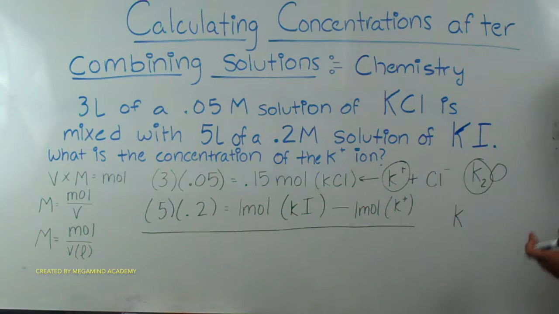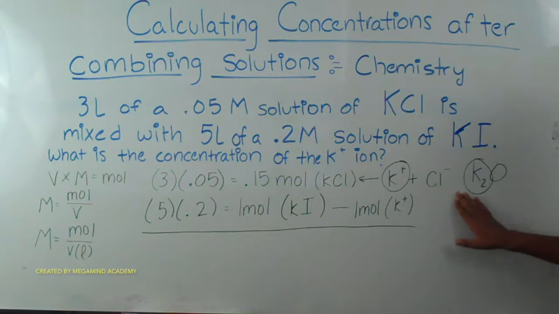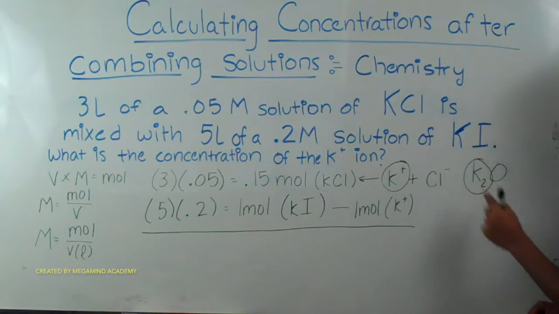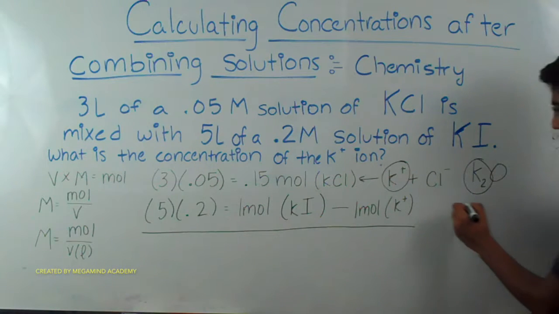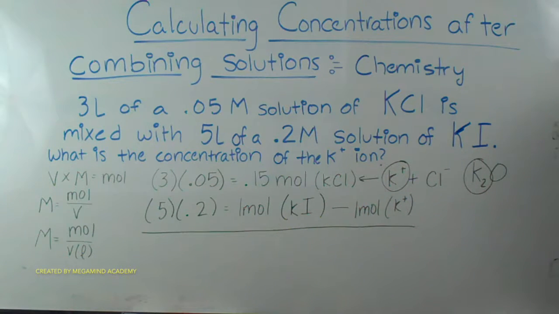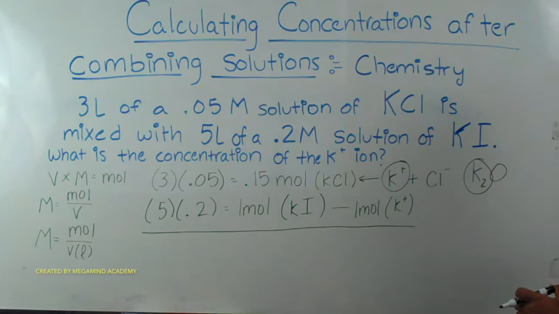Sorry, it's the exact opposite of what I was saying. If you have 0.15 moles of K2O, then the number of moles of just K would be the number of moles of K2 divided by 2. It's just that simple. Or rather, it's not like that. The number of moles is just half.